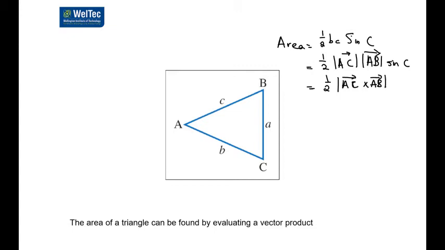And we'll do an example of that in class. You might like to look at this first, which would be to find the area of a triangle with vertices A, B, and C.